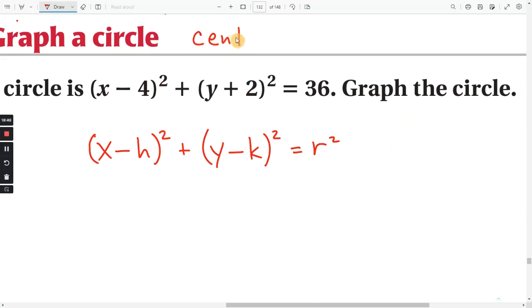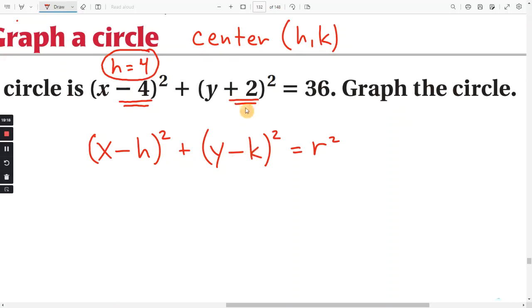So in order to find the center, which we said was h comma k, you have to change the plus minus sign on each of these numbers right here in order to get h and k. Since x minus h is x minus 4, that means h is going to be positive 4. Same thing here.